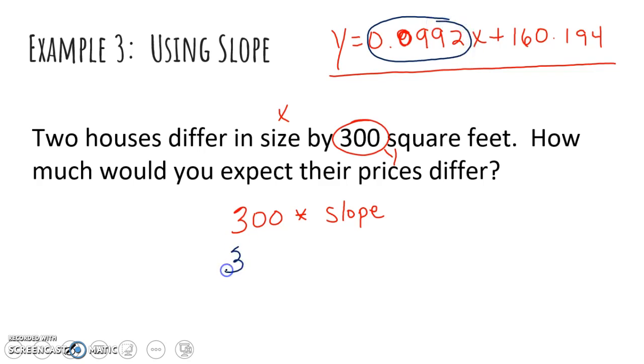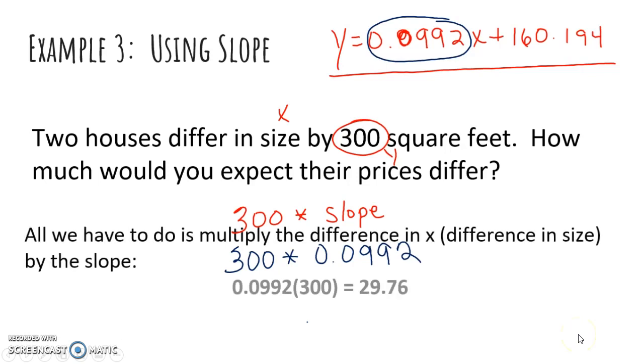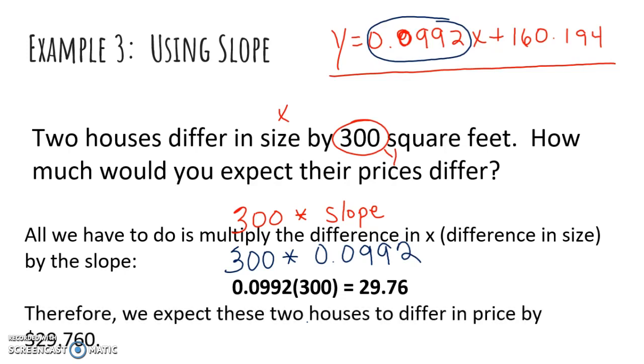So to find the difference in the y's, we would multiply 300 times 0.0992. And we get 29.76. And if you'll remember that the y is in thousands, so that would mean that we would expect the two houses to differ in price by $29,760.